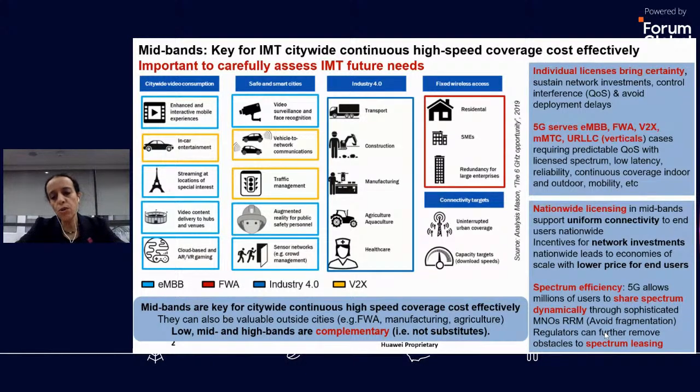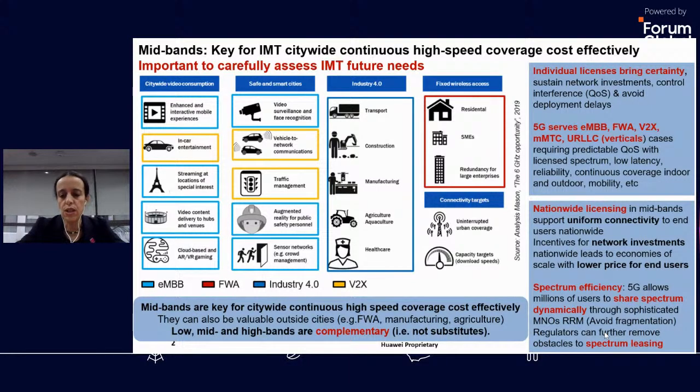Now, in terms of spectrum efficiency, we're talking about sharing, but very often we forget that 5G, and IMT in general, allows millions of users to share spectrum dynamically. That's thanks to very sophisticated radio resource management mechanisms embedded in every operator's network. That's a very good way to avoid fragmentation of spectrum.